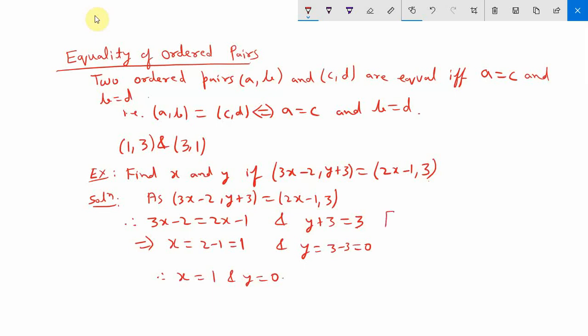This we have got by the definition of equality of ordered pairs. Okay.